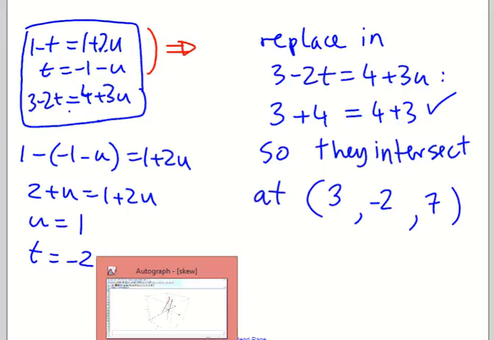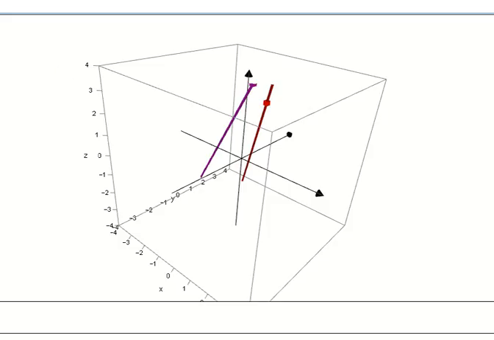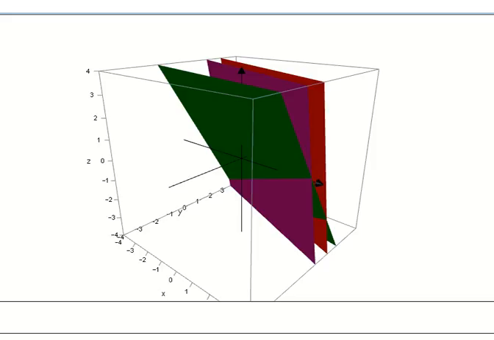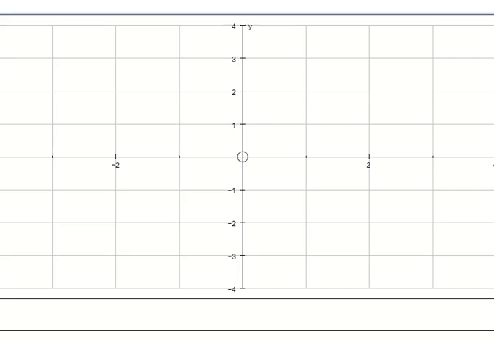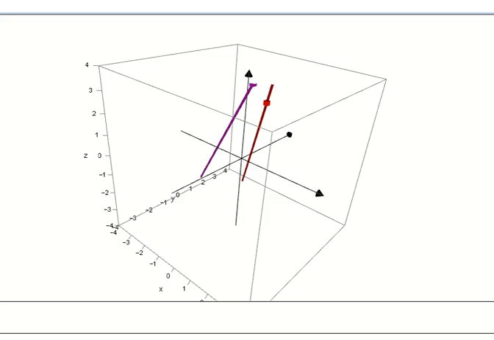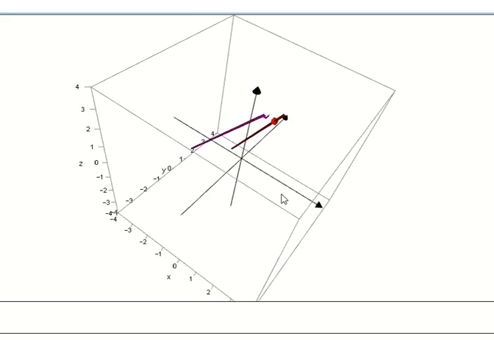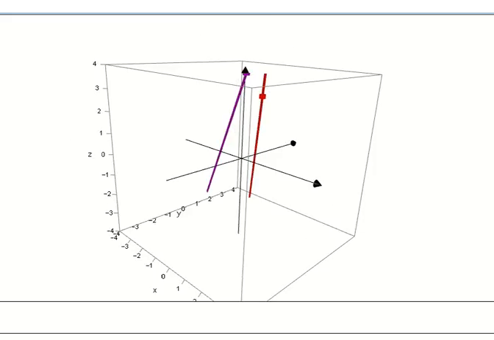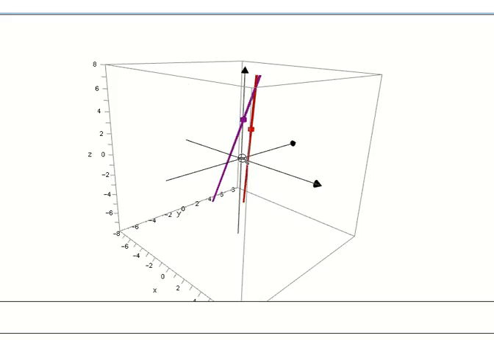I think I've got that example here, haven't I? Yeah, here it is. Okay, so here are the two lines. They kind of look like they intersect, but I'd need to zoom out to convince myself.